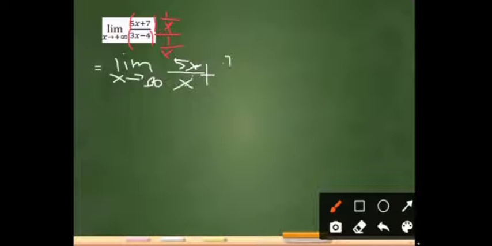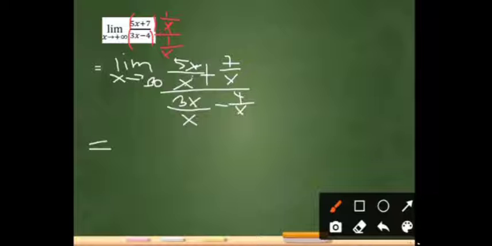So it's going to be the limit as x approaches infinity of 5x over x plus 7 over x, over 3x over x minus 4 over x.